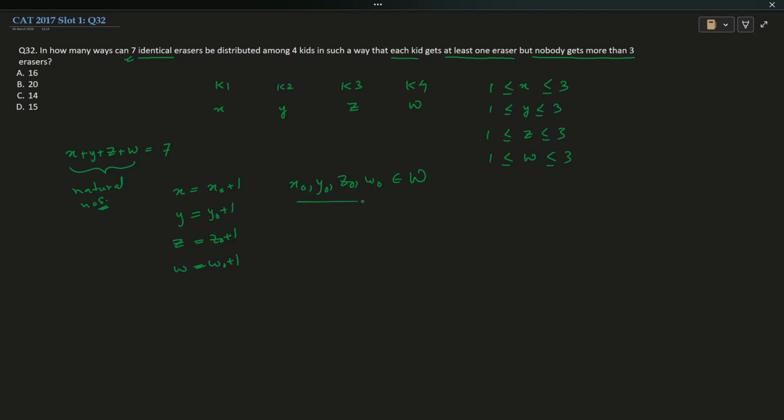Okay, they are whole number solutions. That means if I substitute these things in the first equation, I will get X₀ + Y₀ + Z₀ + W₀ = 3. Right, guys? I will get this equation. Very interesting.